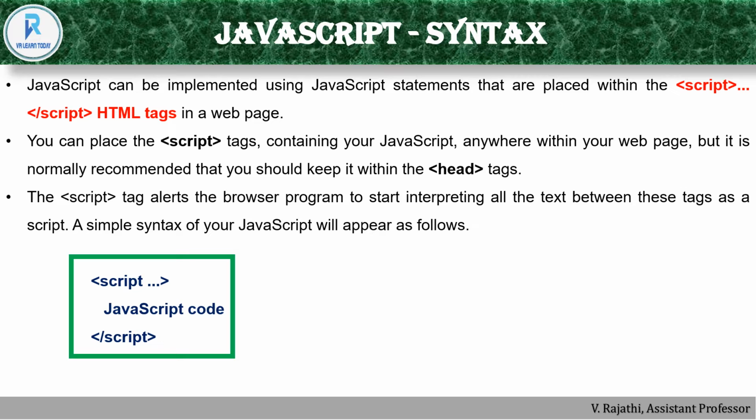The script tag alerts the browser to start interpreting all the text in between these script tags. So this is the syntax. Inside this script tag, you have to give your JavaScript code.